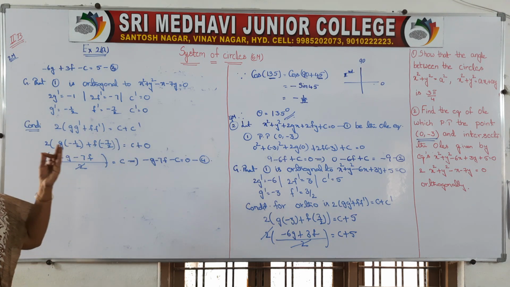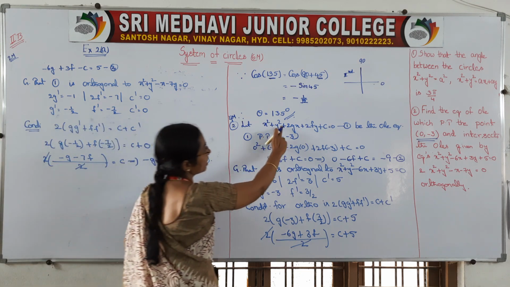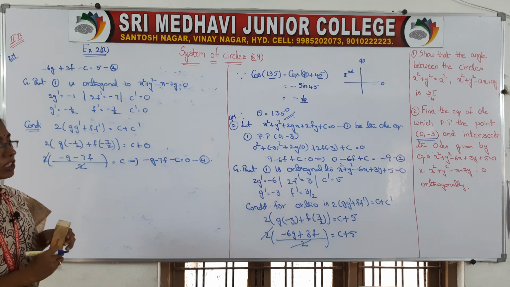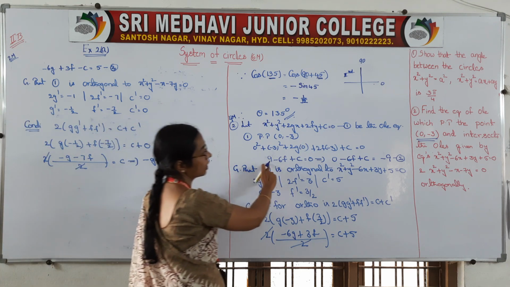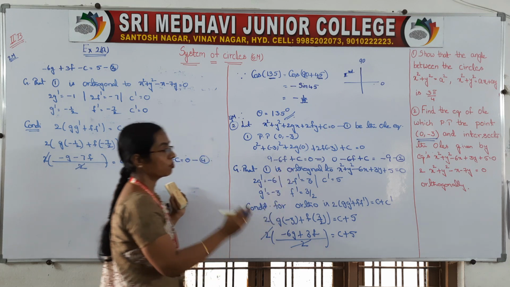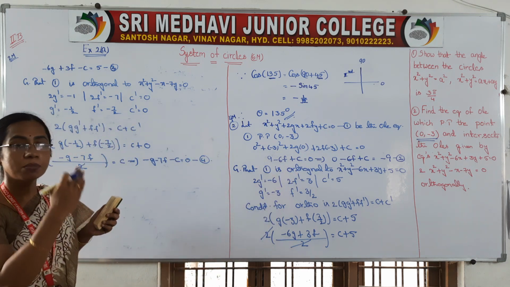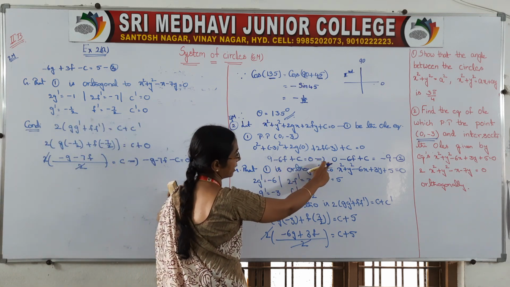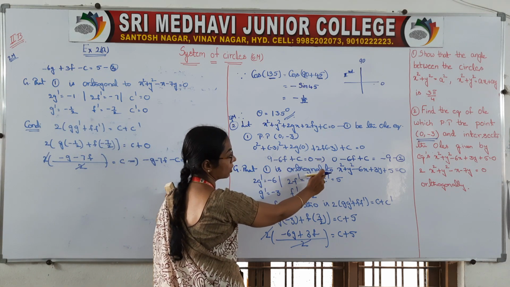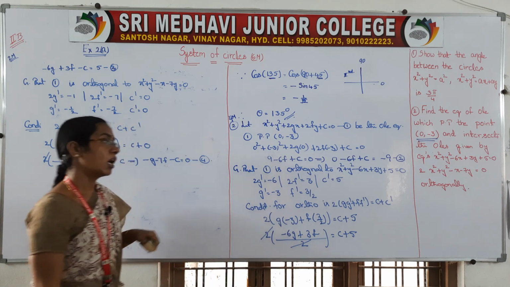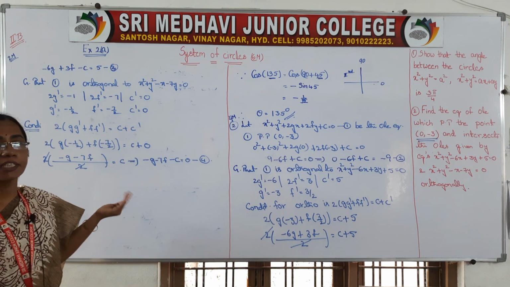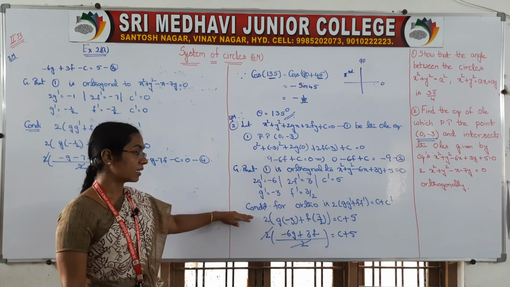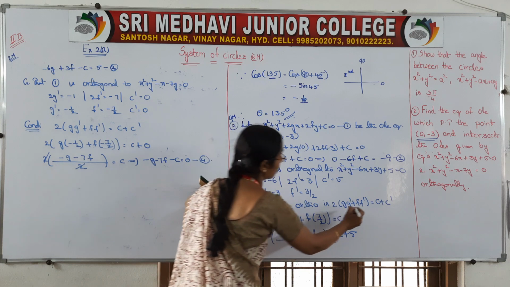So first we have taken the general circle equation, it passes through (0, minus 3), substitute it, we got one equation, but generally it should be g term, f term, constant term, right? So we have to write like that. That is your second equation. Next, it is orthogonal to this circle. So orthogonal means we have to compare with S dash is equal to 0. So you got your required things, and the condition for orthogonality is always this.